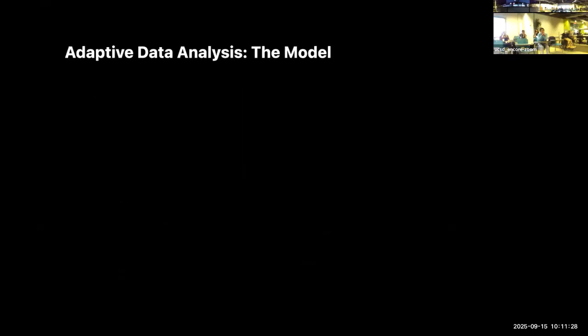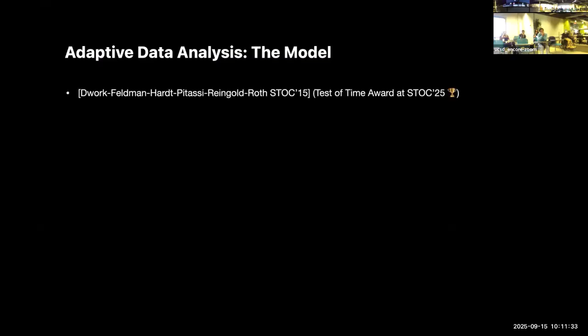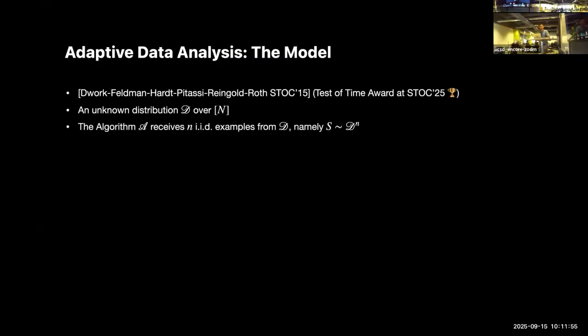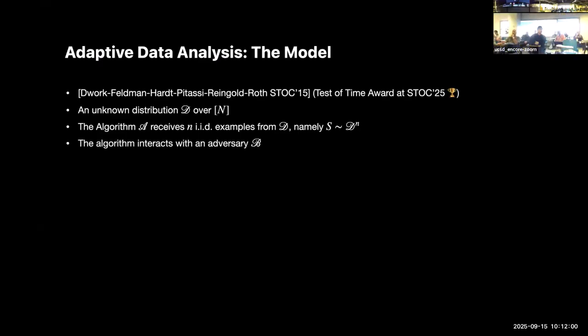So let us define the model once again, to be more clear, if you're on the same page. This is the adaptive data analysis model first formalized by the seminal paper by Dwork, Feldman, Hardt, Pitassi, Reingold, and Roth. We just received the Test of Time Award at STOC 95, so check it out. Here we have an unknown distribution D over the domain capital N. The algorithm will receive n i.i.d. examples from the distribution, call it S. Then the algorithm will interact with the adversary for a couple rounds.